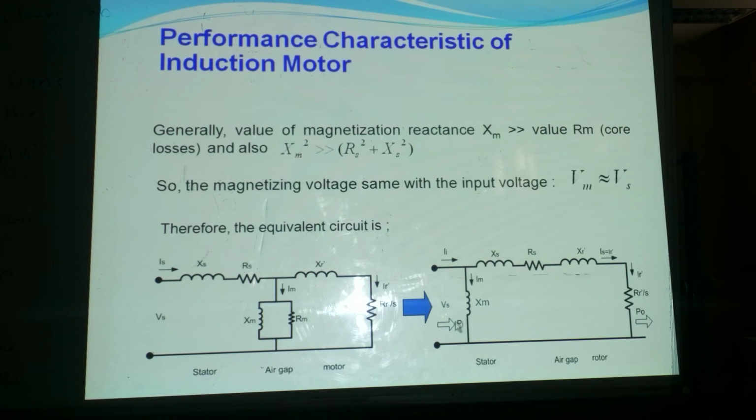So Vs is the supply voltage, Xm is the magnetizing component. This is the stator components, these are the rotor components. Now stator current, nothing but input current, is divided into two components: the magnetizing component and the rotor current.